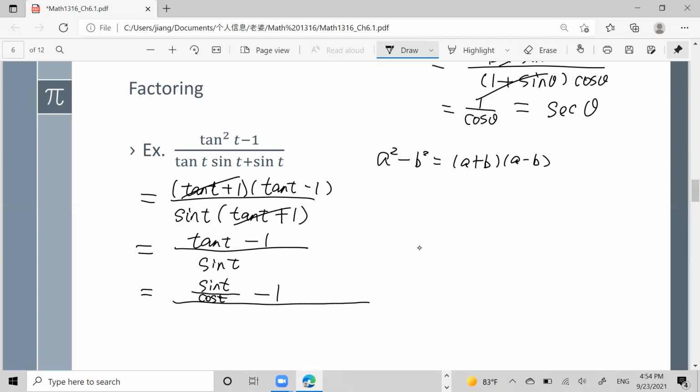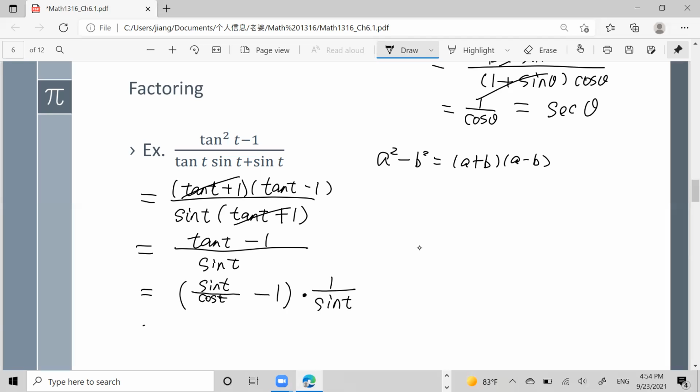divided by sine t. Can I say if I divide by something, it means I multiply by its reciprocal? That means I times 1 over sine t. And then I can distribute the 1 over sine t.